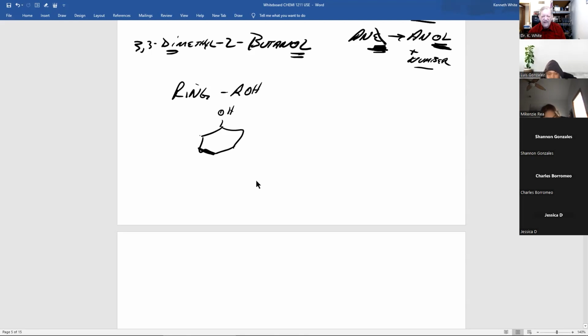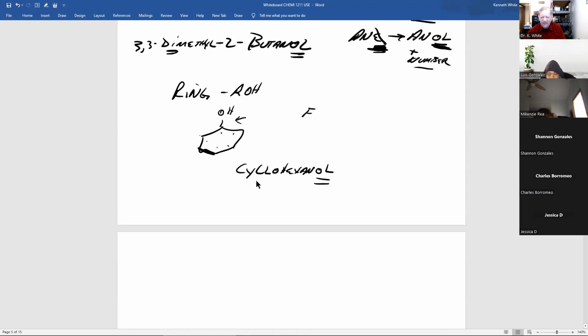And here we have 6 carbons, with an OH group on there. That's cyclohexane. Remember, don't forget the cyclo. It's an alcohol. Drop the E, add OL.